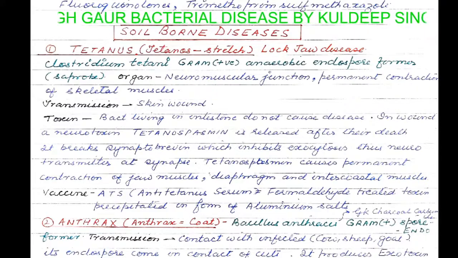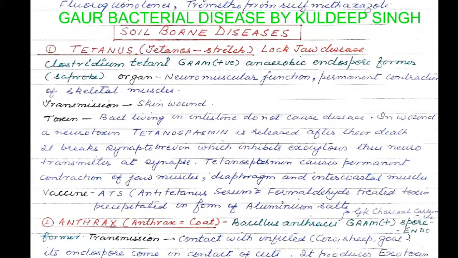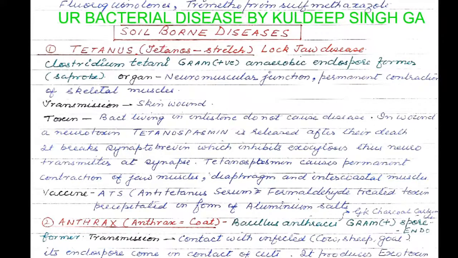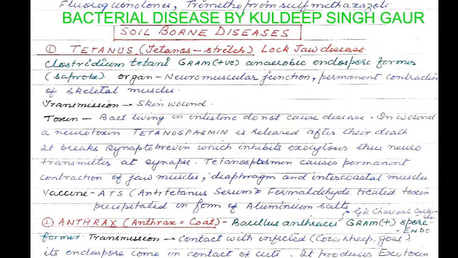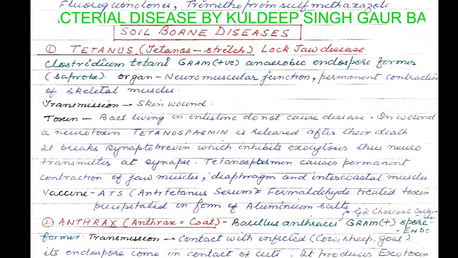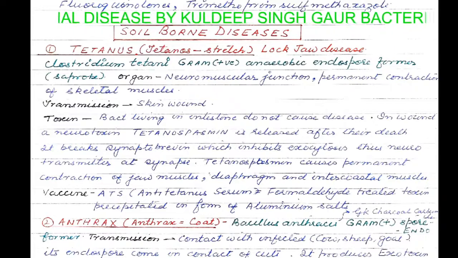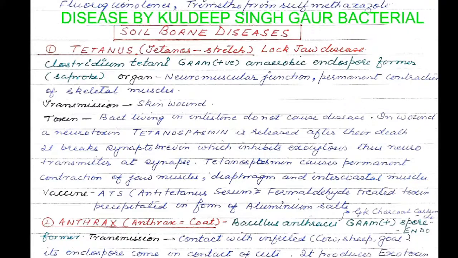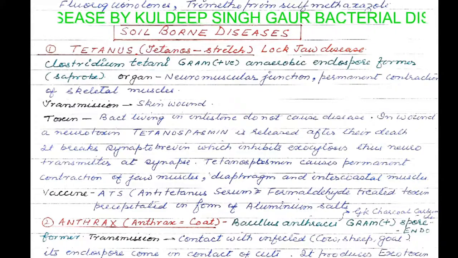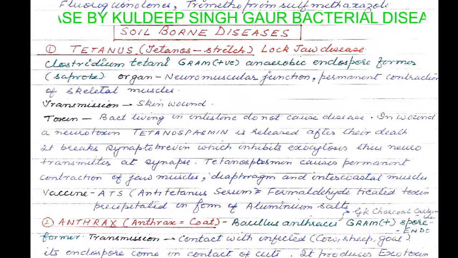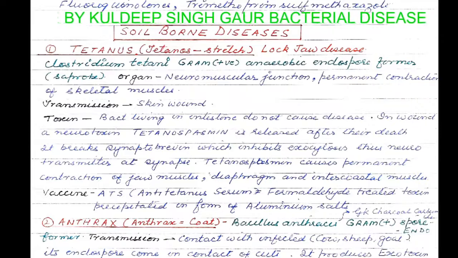The toxin which is released by the bacteria is a neurotoxin called tetanospasmin, released after the death of the bacteria. It breaks synaptobrevin, which inhibits the exocytosis.